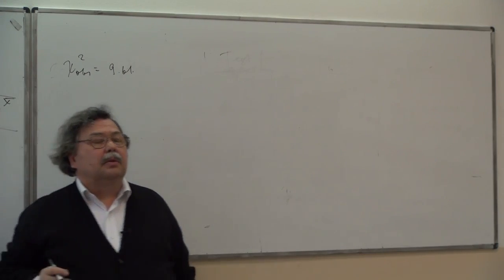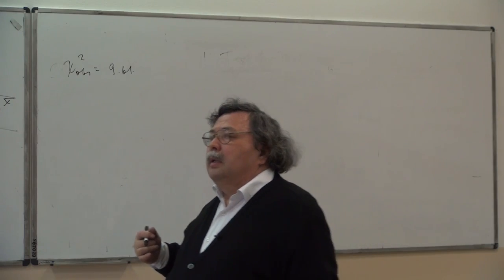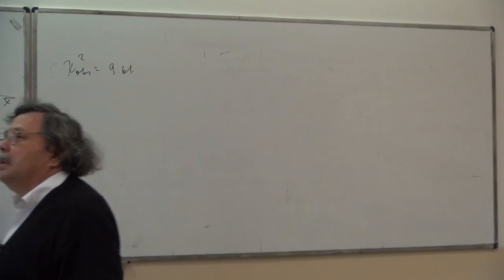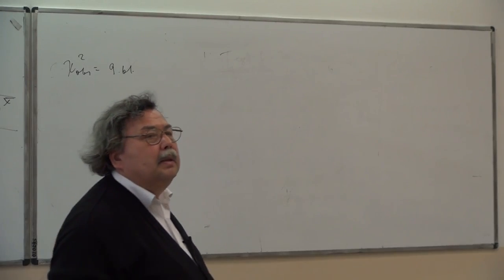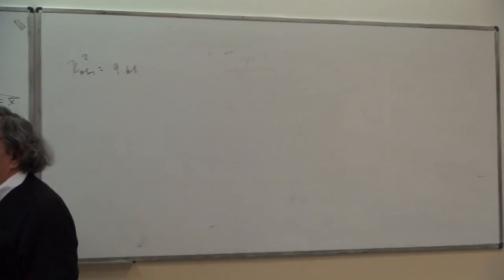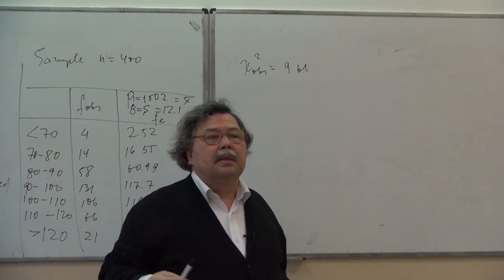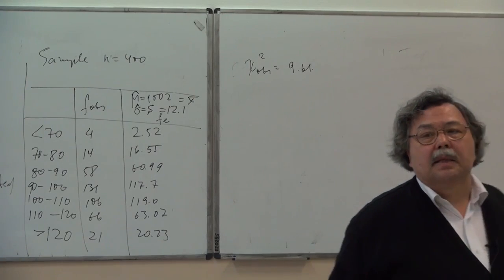But to introduce a critical value for the chi-square distribution, we need to know how many degrees of freedom we deal with here. On the one hand, we have 7 categories, which already means that the number of degrees of freedom is less than 7.